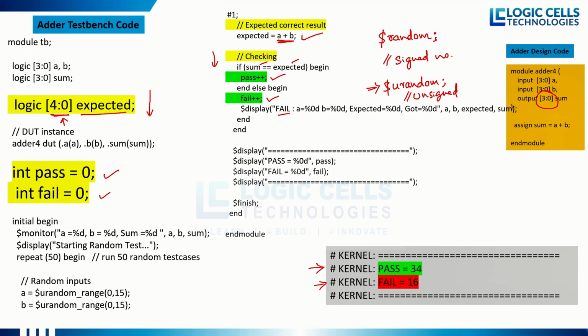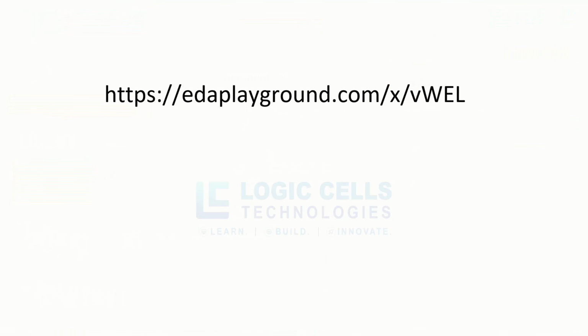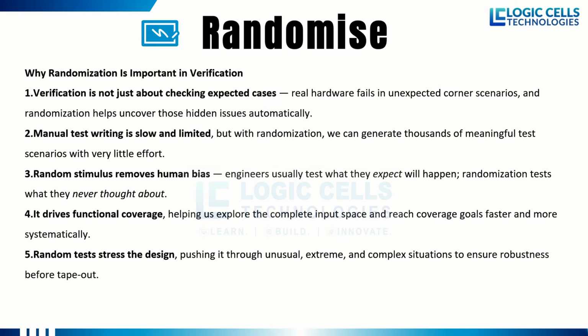We are going to consider the numbers generated by $urandom as unsigned, all positive. If you use $random in place of that, it gives you the same kind of integer number, but it may have negative values also. Meaning if the MSB is 1, then it will be a negative number. Only when we need some negative numbers as part of the input, you need to go for $random. Otherwise, you can use $urandom. I will show you that. I have an example here.